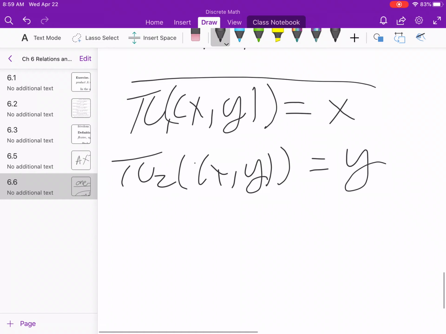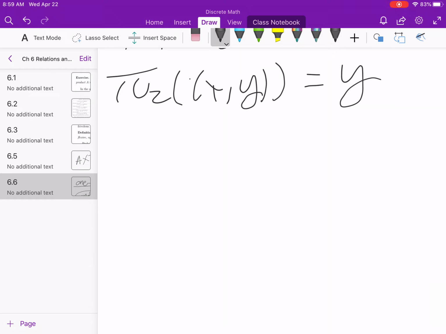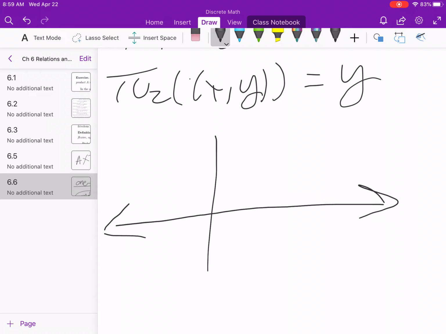One thing you could imagine is that if I have an ordered pair x, y in the plane, right? Like, let's say I've got this point, this ordered pair x comma y. Well, it's going to take this point x, y and project it directly down onto this axis, and I'll get the value x right there.